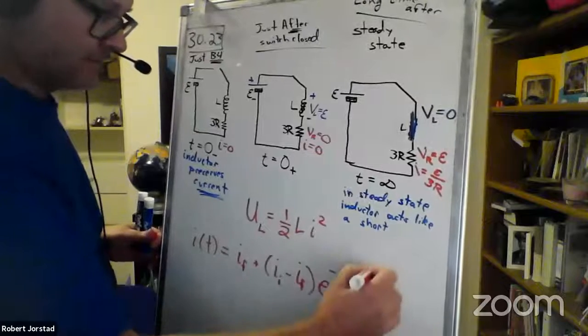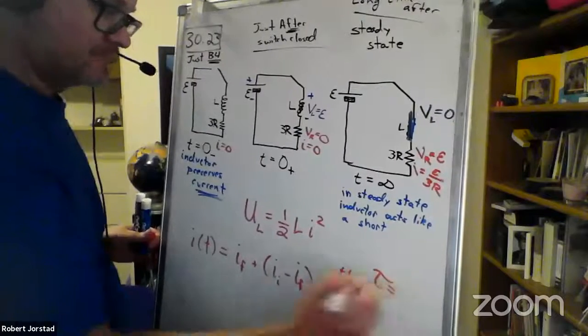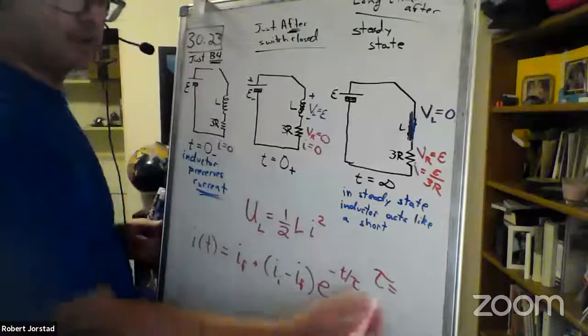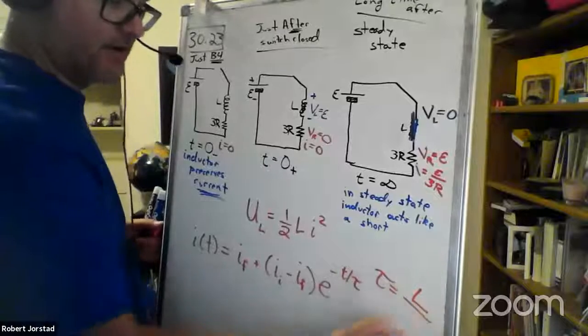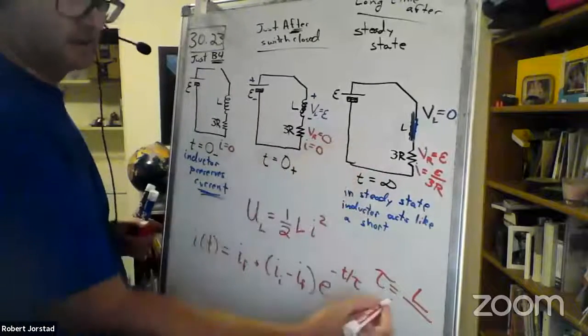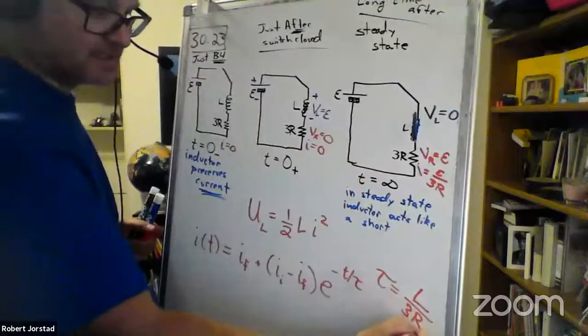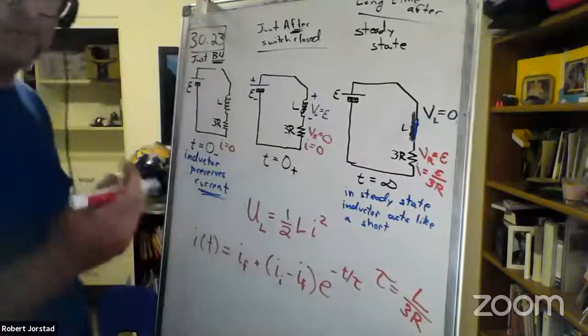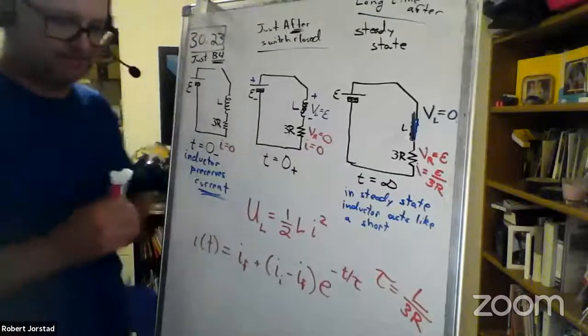What is tau for this problem? RC or L over R? Exactly. So L over R, in this case, it's going to be L over 3R because the resistance for some weird reason was called 3R, whatever. Doesn't matter.